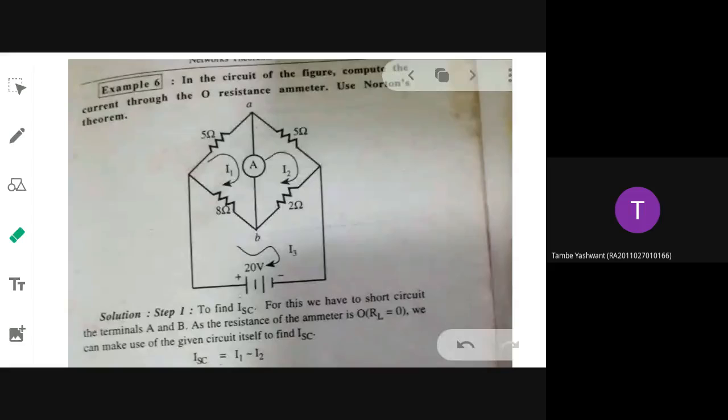Yes, how will you find out ISC current? First thing is you have to short the terminals across which or through which that parameter is being asked. So what terminals will you short?